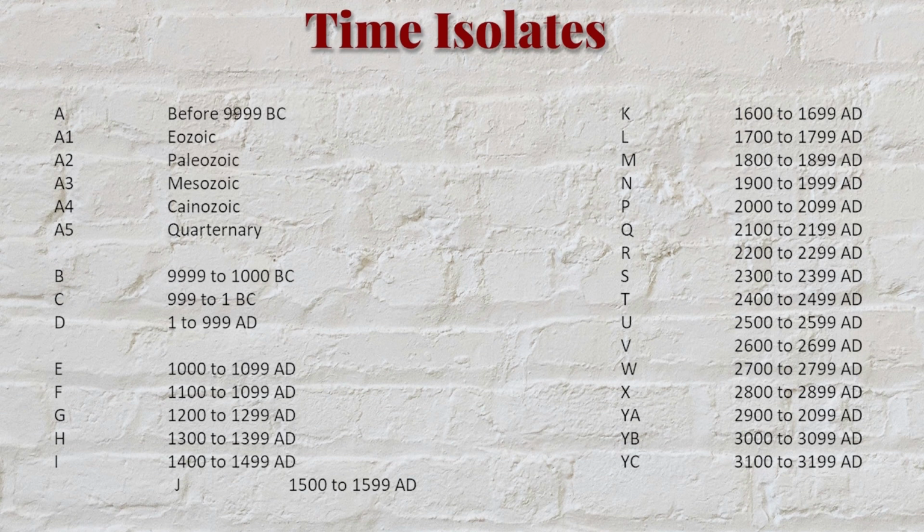Capital Roman B denotes 9999 to 1000 before Christ, and then C denotes 999 to 1 before Christ year, and D denotes the year from 1 to 999 AD. Next, E to YC denotes different centuries of the Anno Domini period.